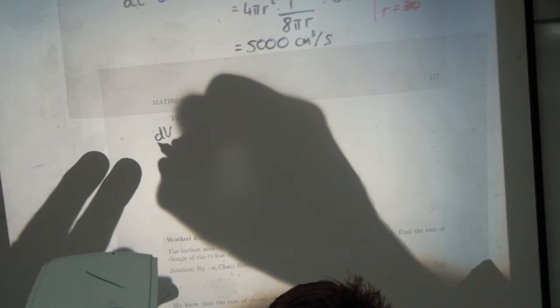So dV/dt equal to dV/dr times dr/dt, and now I know you just want to use this, but give it a second. dA/dt equal to dA/dr times dr/dt. And then put in both cases dr/dt.